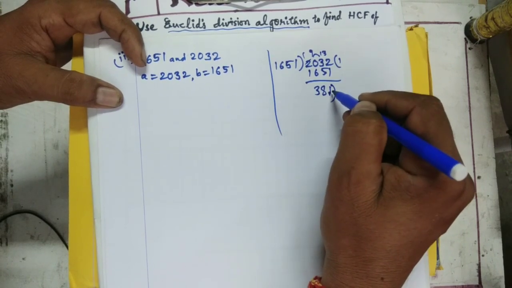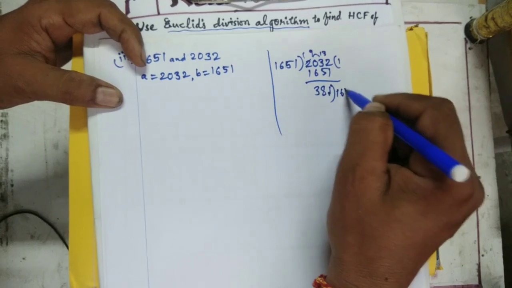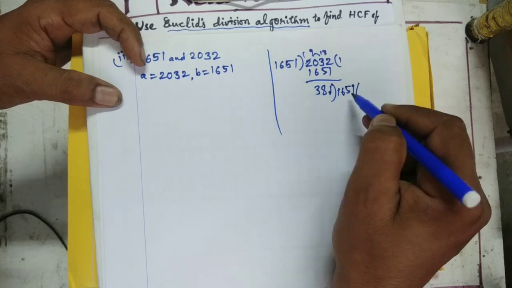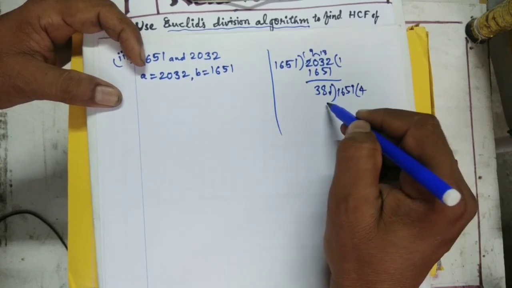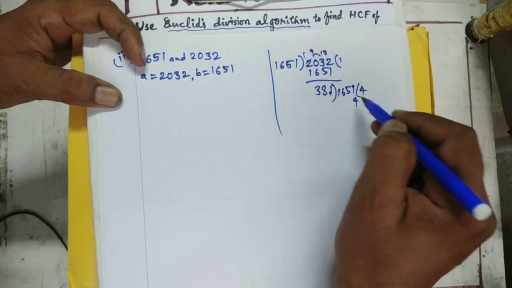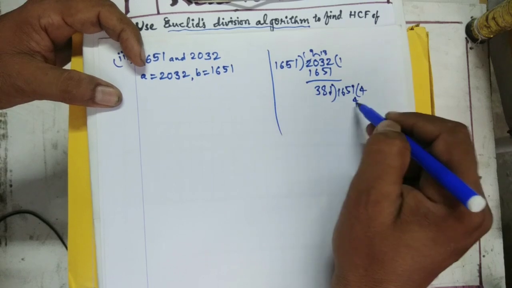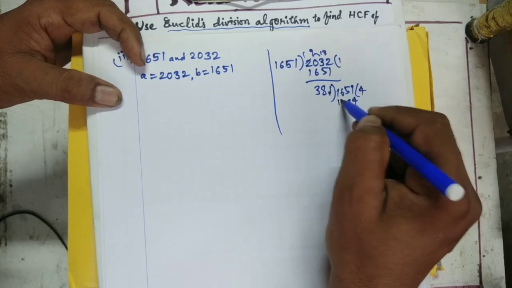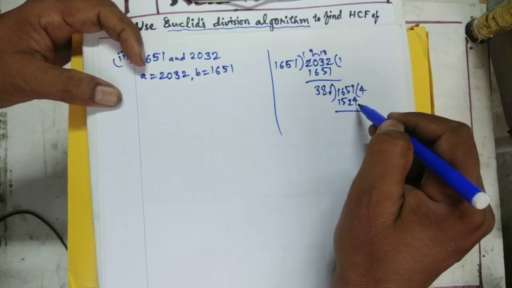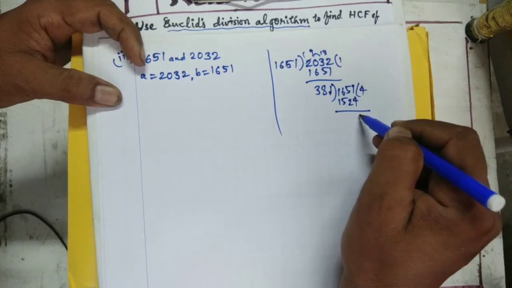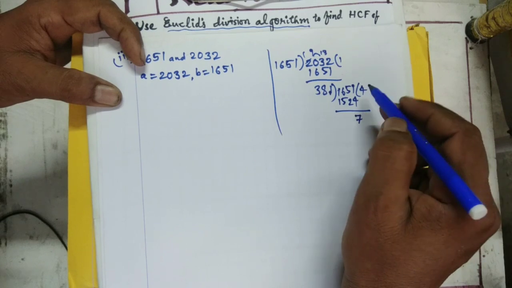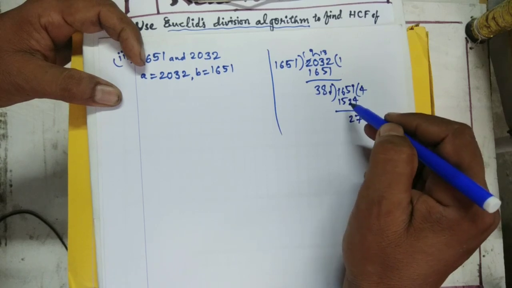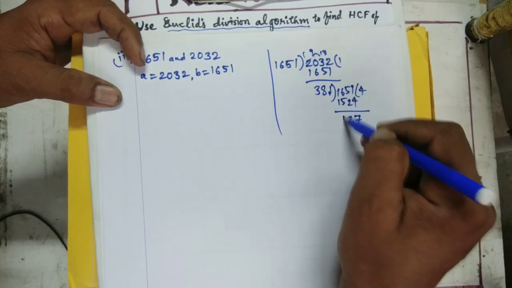Now 381 as divisor and 1651 as dividend. 381 times 4 is 1524. 4 ones are 4, 4 eights are 32, 4 threes are 12, 15. 11 minus 4, 7. 4 minus 2, 2. 6 minus 5, 1.